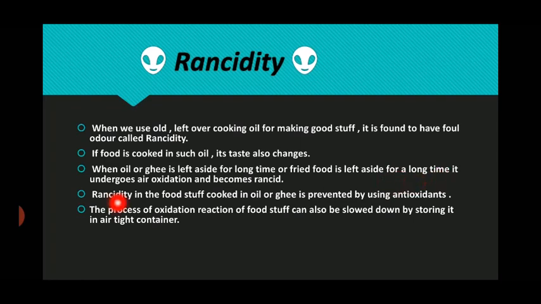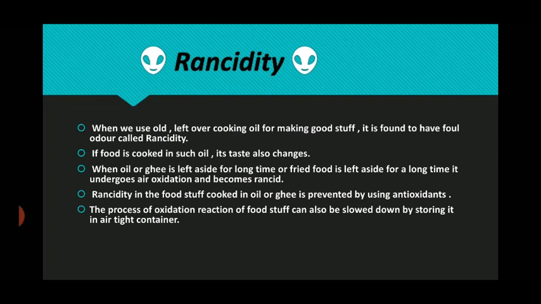The process of oxidation of foodstuffs can also be slowed down by storing it in an airtight container.